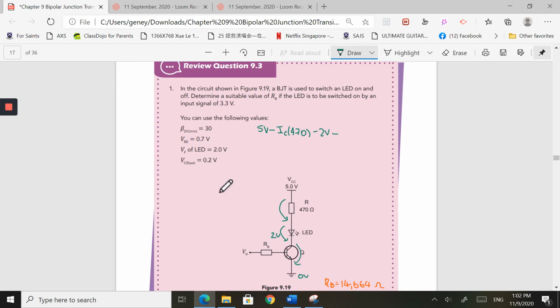Therefore, we take the VCE at saturation, which is 0.2 volts, and we end up with 0 volts here. So what I want to do is find the collector current flowing through here. The collector current is (5 minus 2 minus 0.2) over 470.